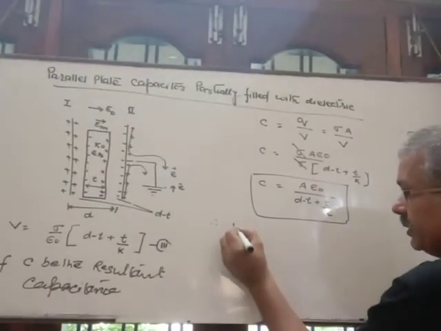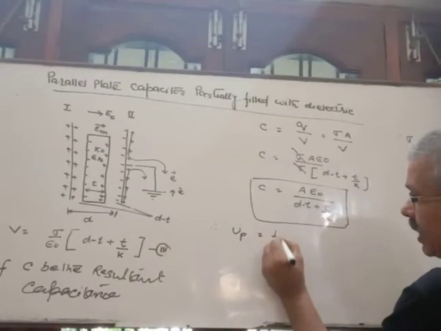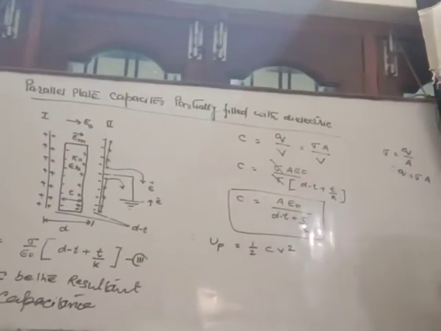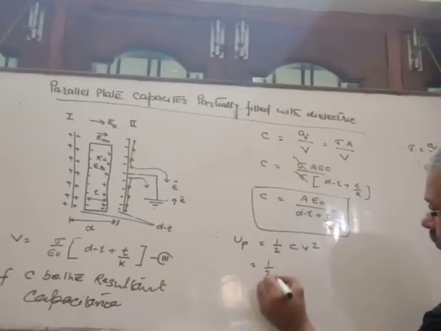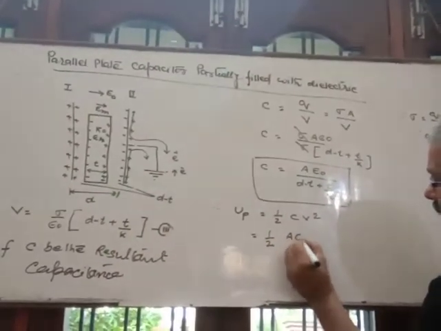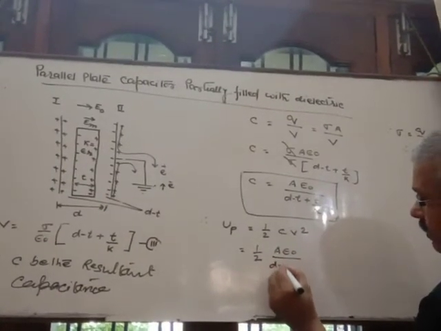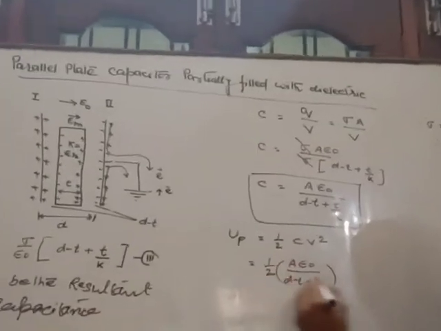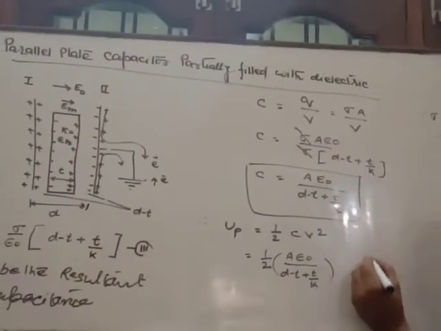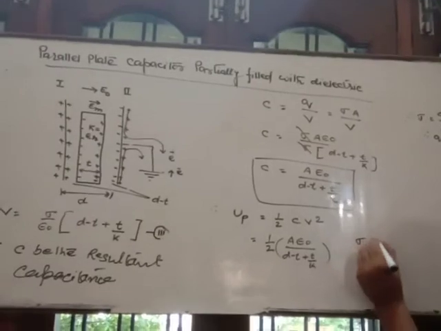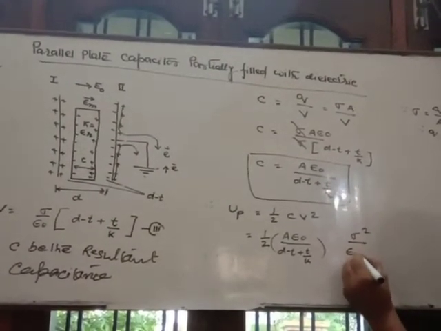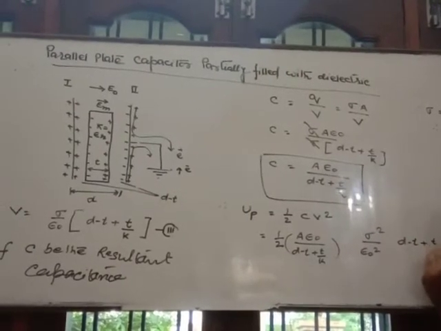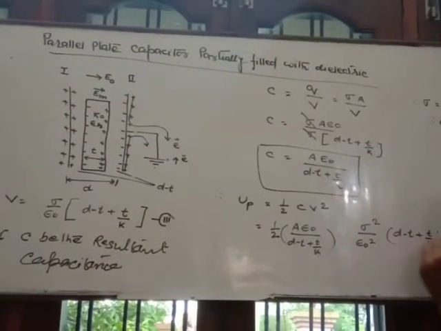Therefore, the stored potential energy, as you know, is half CV square. It is half C into V square, with C equal to A epsilon 0 upon (D minus T plus T by K), and V square is sigma square by epsilon 0 square into (D minus T plus T by K) square.